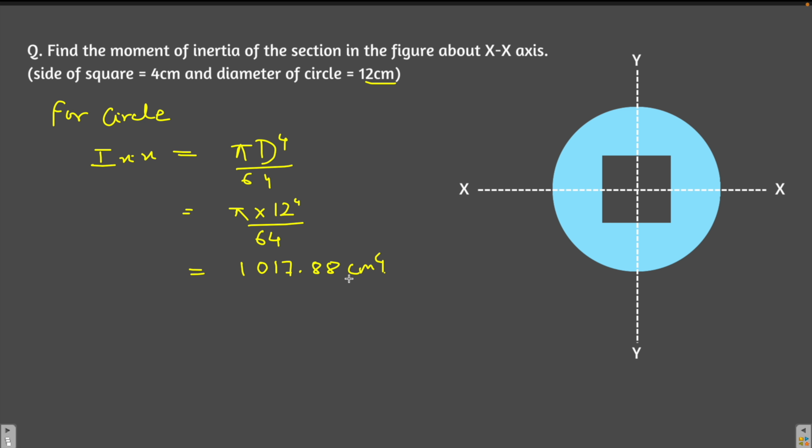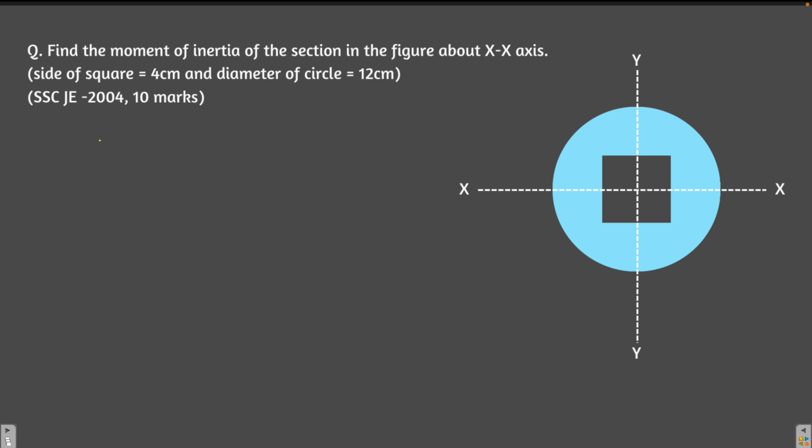Now let's calculate it for the square. For the square, I about the x-axis is bd cube by 12. What is the breadth here? Breadth is 4 centimeter, given in the question. What is the depth? Depth is also 4 centimeter, given in the question.